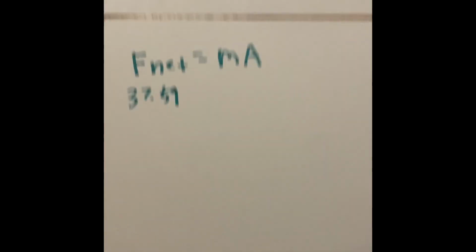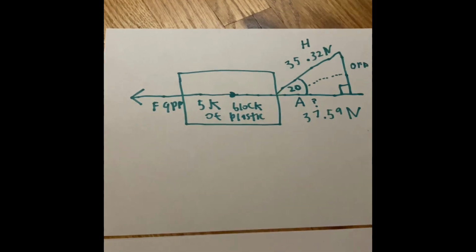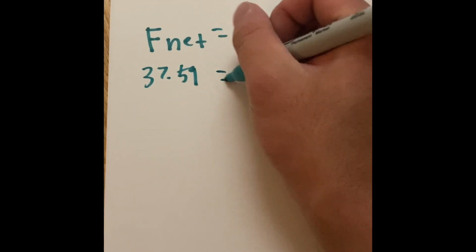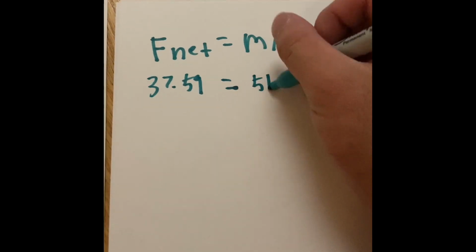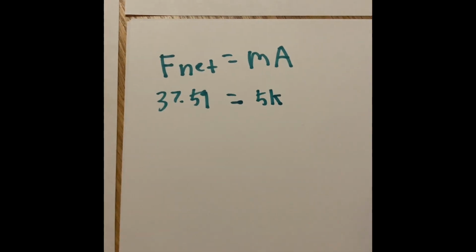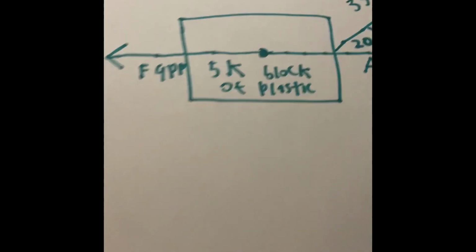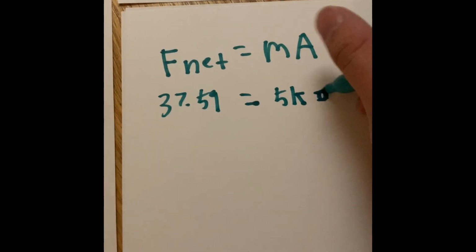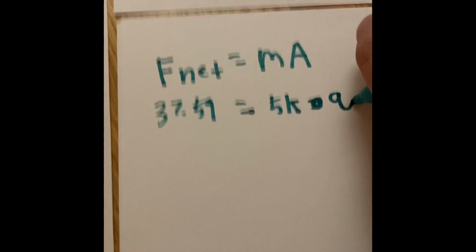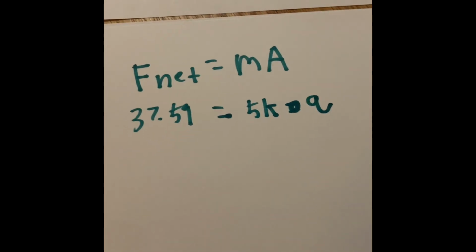That is the amount of force going this way, horizontally. We set that equal to the mass of the plastic block, 5 kilograms, times our A, which is our acceleration.